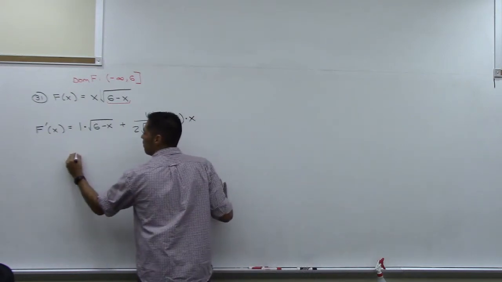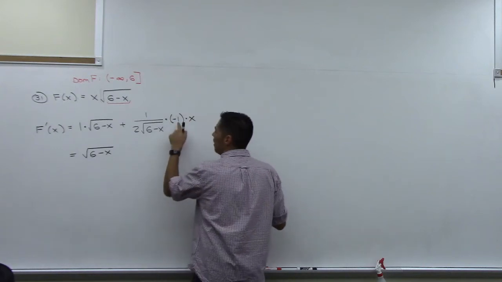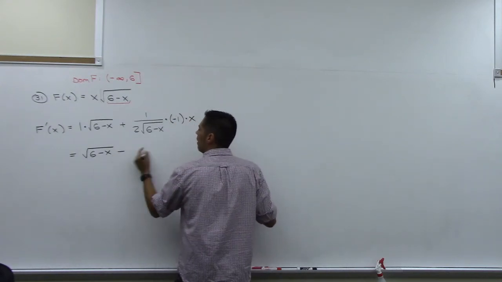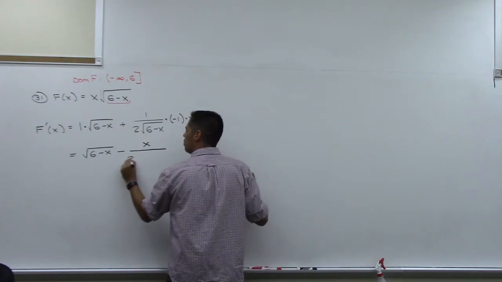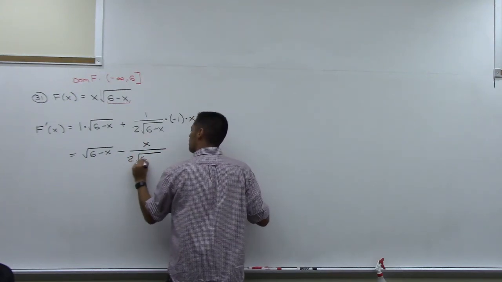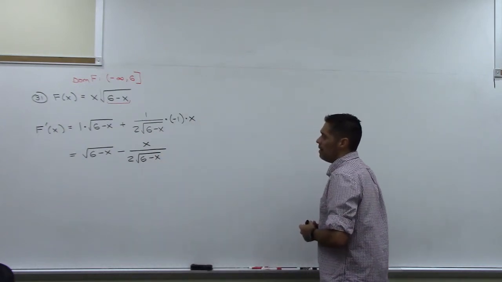And let me clean this up. This is root 6 minus x, and then I'm going to have a minus, and the x is on top, so x over 2 root 6 minus x. Now that's my first derivative, and I can work with that.